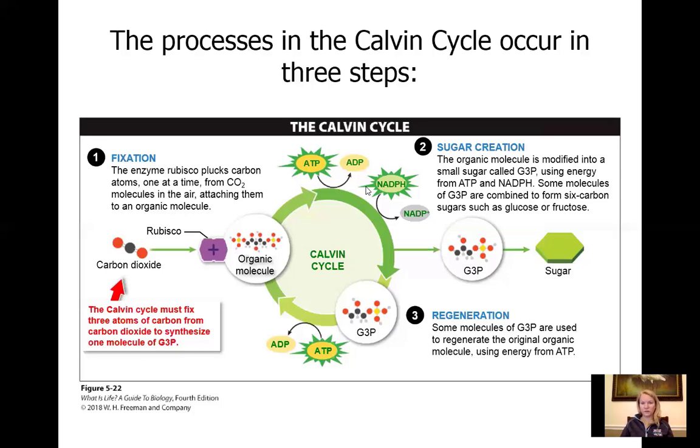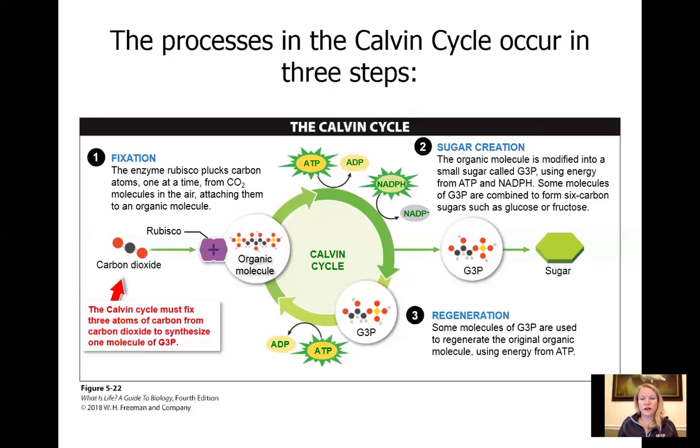So we know that perhaps there was some energy used there as well. So that's where the sugar is created. The organic molecule is modified into a small sugar called G3P. It used the energy from ATP and the energy from NADPH, so that electron, that excitement about the electron.